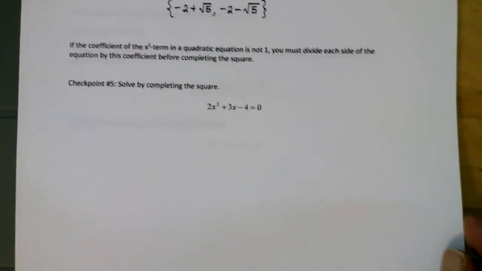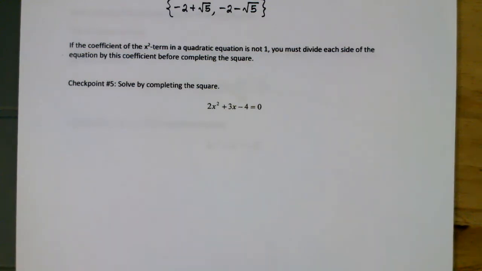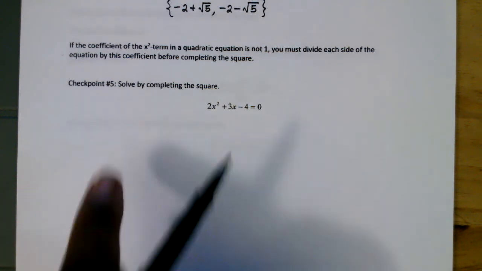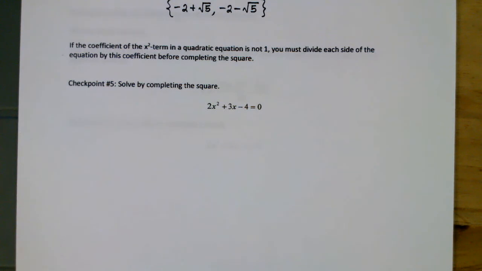Okay, now this next example, this pretty much reiterates that procedure that I gave you. If the coefficient of the x squared term in a quadratic equation is not 1, you must divide each side of the equation by this coefficient before completing the square. So like here, we got 2x squared plus 3x minus 4 equals 0.